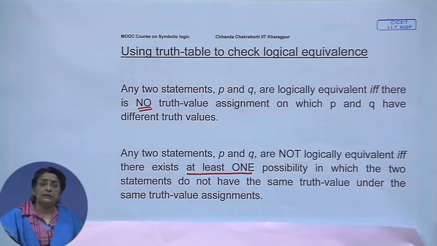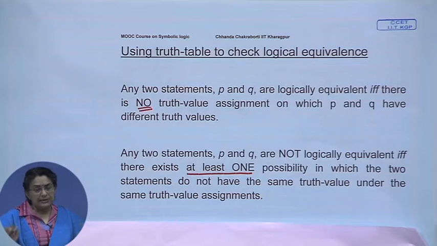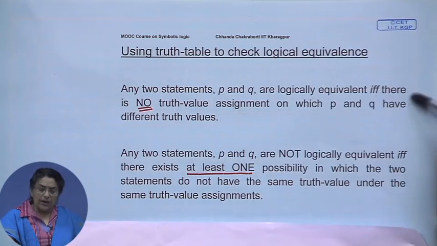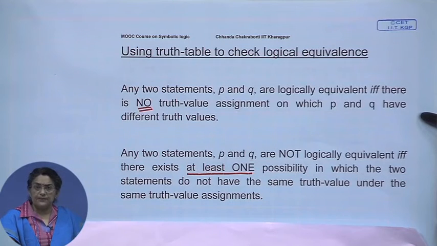How many such possibilities do you need to establish here for logical equivalence? That there is none. You understand that there is a very big difference in the way you are going to demonstrate this. Logical equivalence demonstration requires that you exhaust all possibilities. Every single doubt has to be removed.